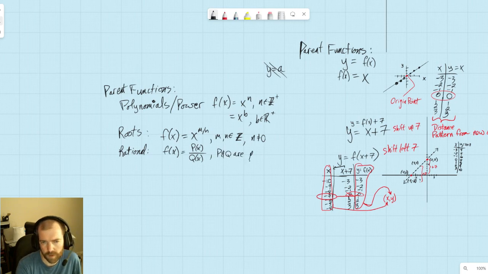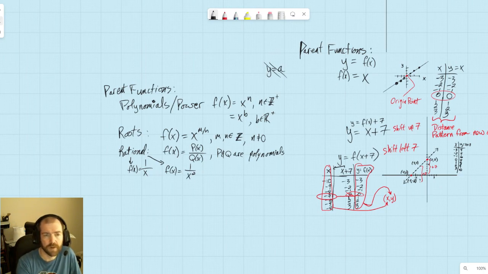P and Q are polynomials. So the most basic rational functions that we have are going to be f of x is 1 over x, and f of x is 1 over x squared. So most basic ones we have.